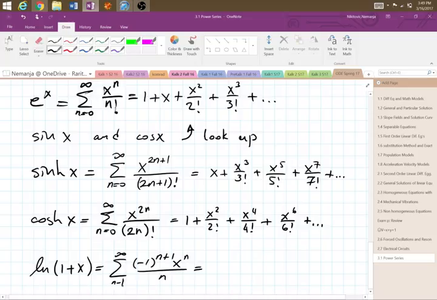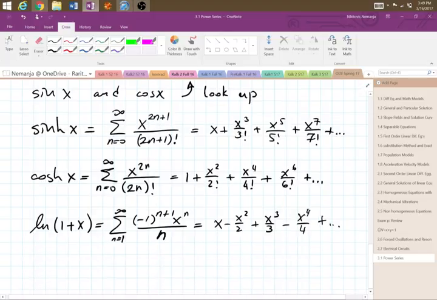You can't have 0 in it, it's divided by n. And that's x minus x squared over 2 plus x cubed over 3 minus x to the 4th over 4. So in this case, you don't have the factorials. Plus, it goes forever that way.